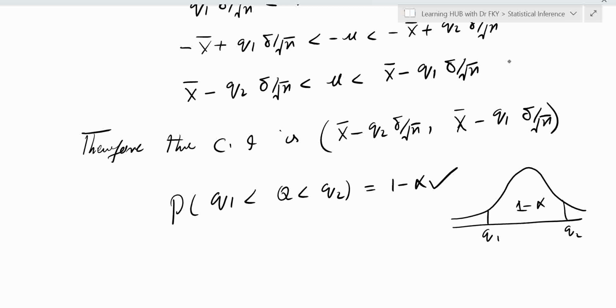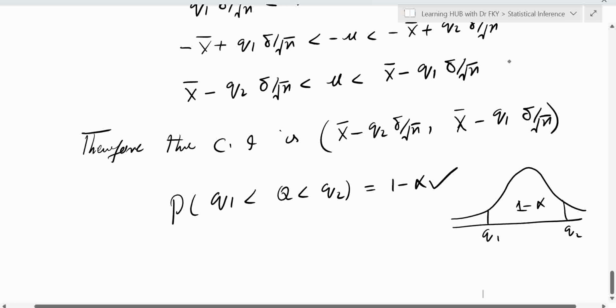Why are we interested in the shortest confidence interval? The precision is high for the shortest confidence interval. When the interval estimate has the shortest length, then it is the most precise confidence interval. Therefore, we need to find the shortest confidence interval, and for that we need to do some steps, because there may be many Q1 and Q2 which satisfy this equation.